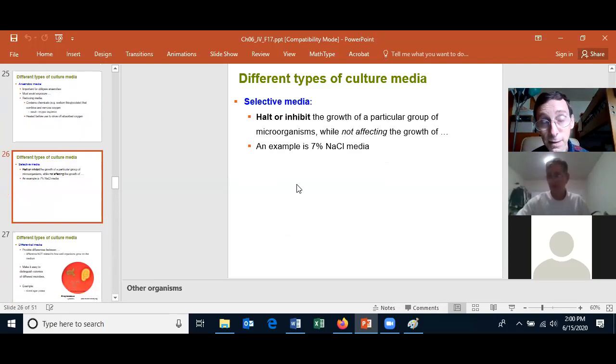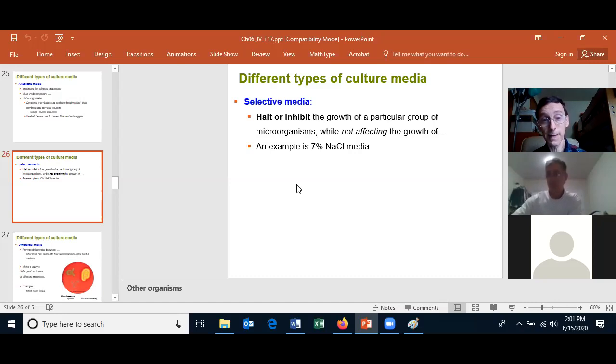A selective media is a media that has some ingredient, some chemical that selects for certain things to grow in it and selects against other things from growing in it. So it halts or inhibits the growth of a particular group of microorganisms and does not affect the growth of other microorganisms.